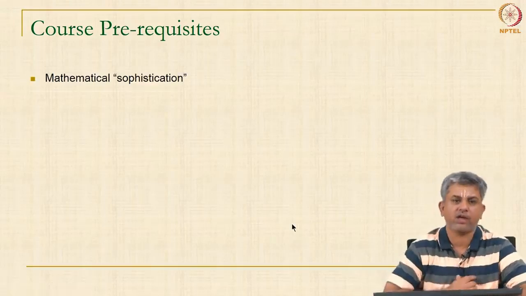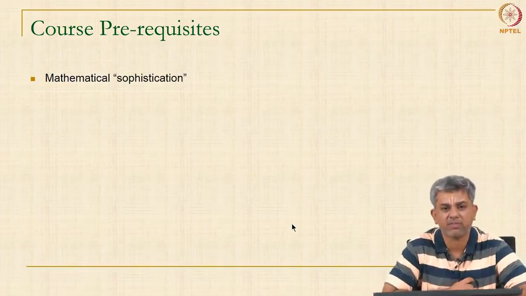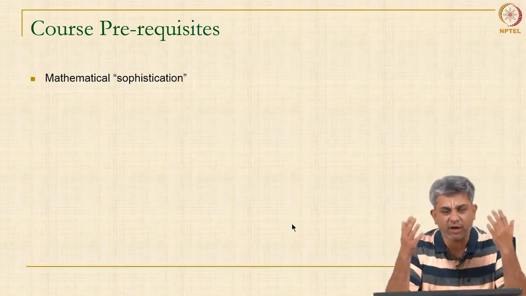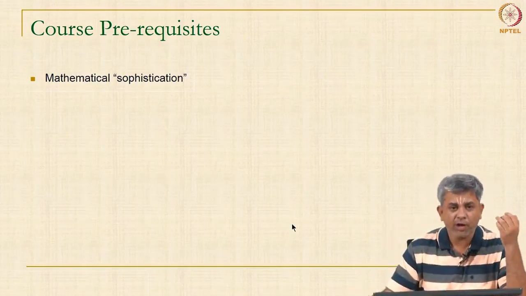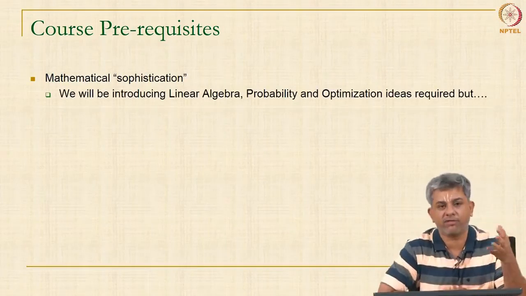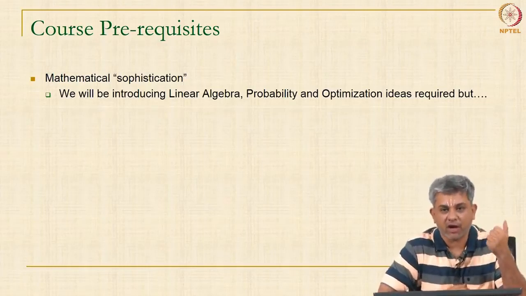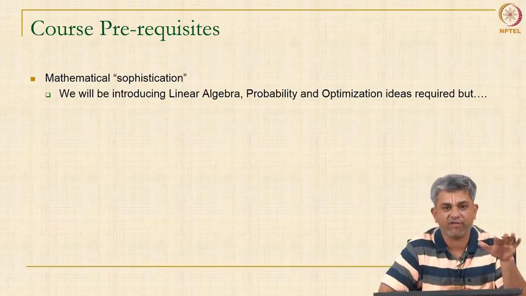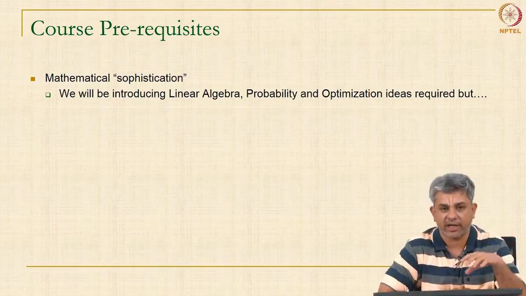One of the primary requirements that you would have is mathematical sophistication. This sophistication is a vague term. What it means is that you are comfortable with mathematics, thinking about things in a mathematical framework rather than just thinking of it in a vague framework which is just qualitative. We would like you to have a quantitative mindset. Okay.